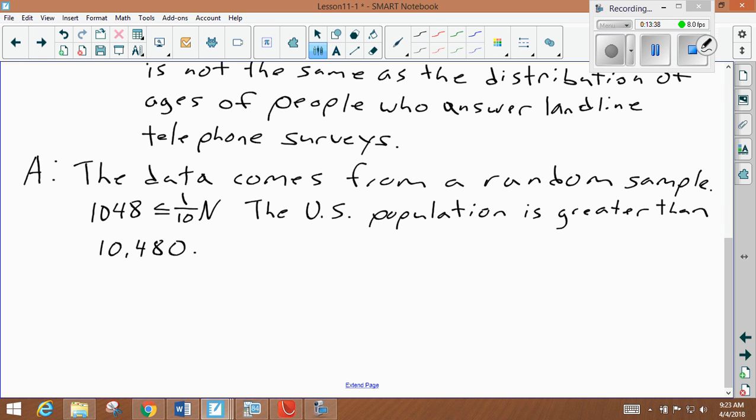Okay, so we did the S part. Independence, we don't really need to check for, but it goes without saying that one person's response as to what their age is not going to affect another person's response.